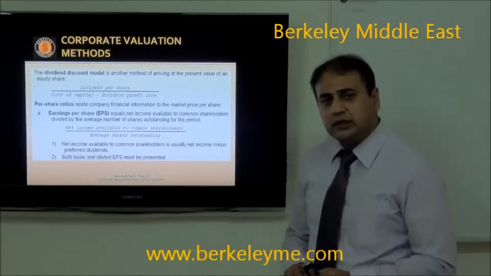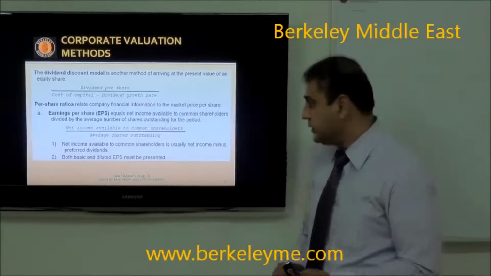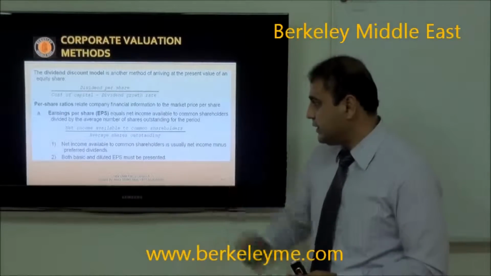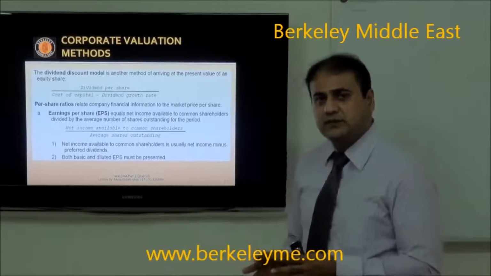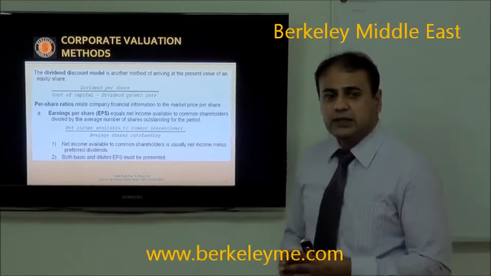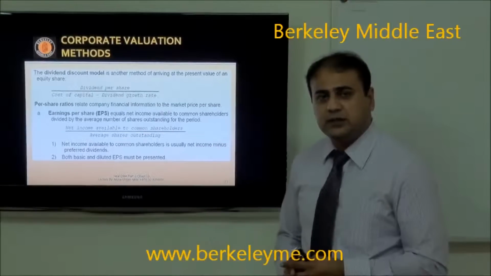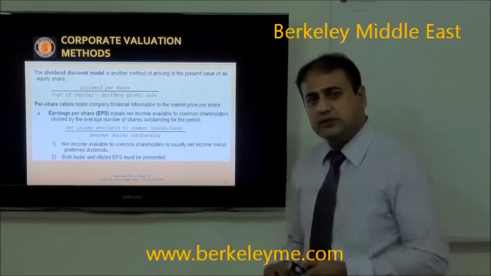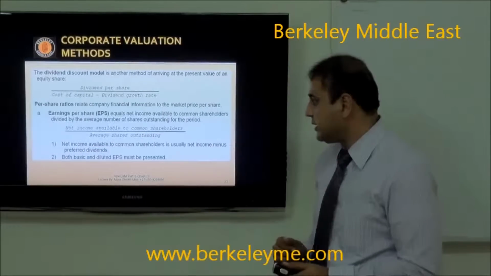Along with that, you can calculate the EPS, that is earnings per share. Earnings per share is net income available to the common shareholders divided by average shares outstanding. This EPS reflects how much each share is going to contribute towards the income.